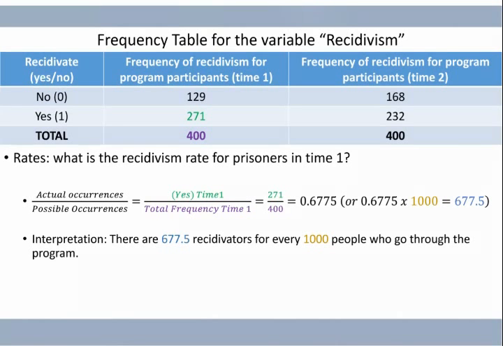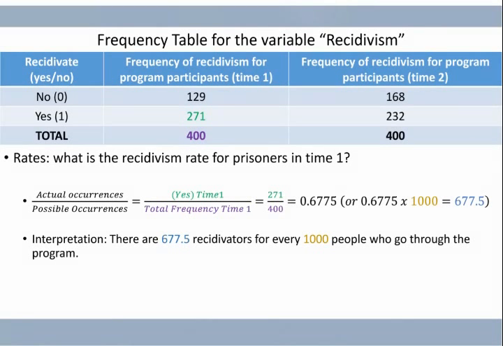If we're doing something like a city, for example, we might want to multiply it by 100,000 or maybe even 1 million, depending on how large the city or maybe the country is. So we do this based on the population you're working with, that you're trying to generalize to. After we multiply this by 1,000, we have 677.5. And what is this telling us?